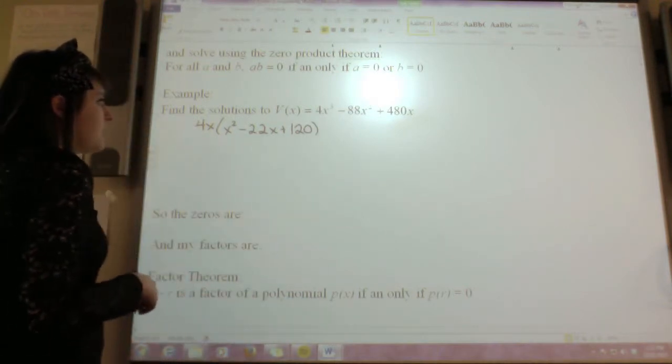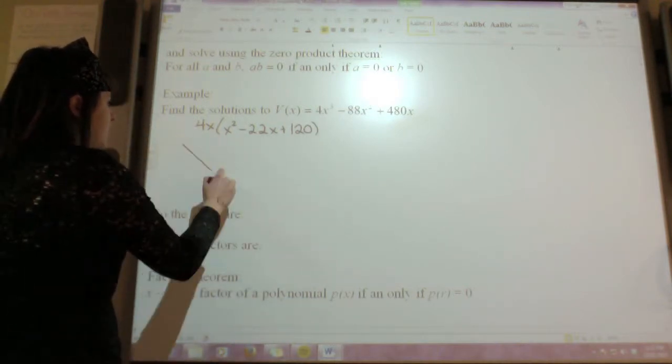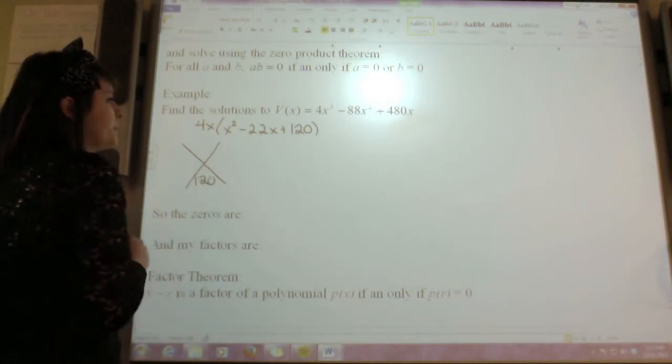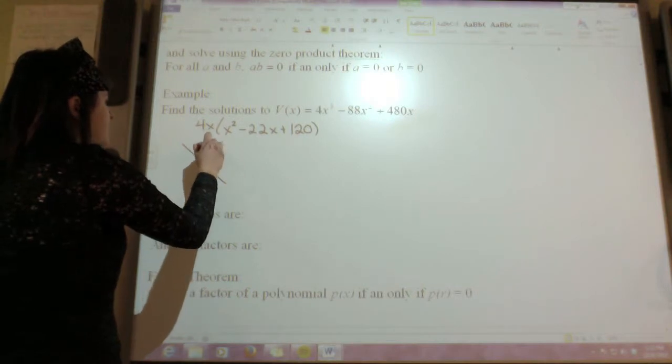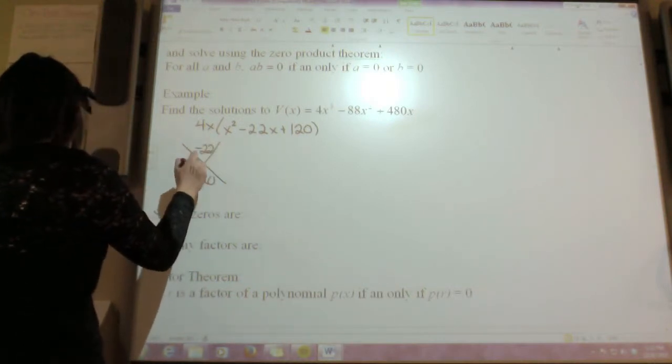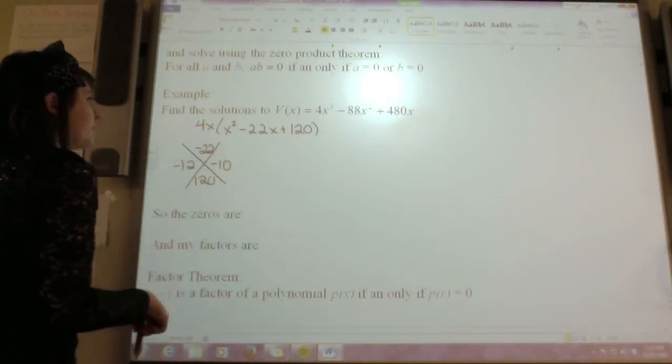Then I can factor this quadratic using my x game. I'm looking for two numbers that multiply to 120 and add up to negative 22, and I figure out that's negative 12 and negative 10.